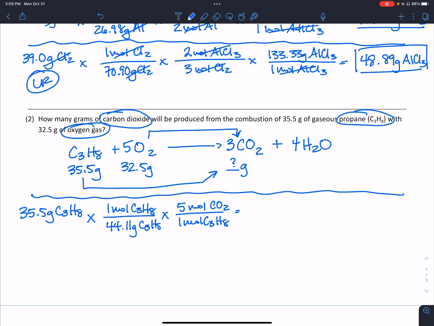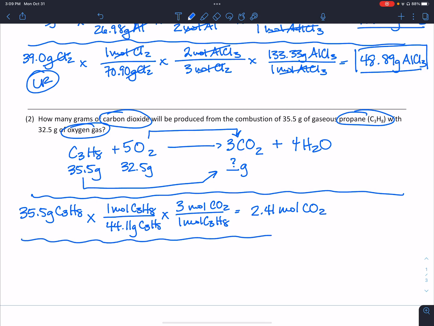So I have 35.5 divided by 44.11, and then times, oh, not 5, whoops. The coefficient for CO2, I really did have O2, is a 3. So times 3. All right, so 2.41 moles of CO2 will be produced with this amount.